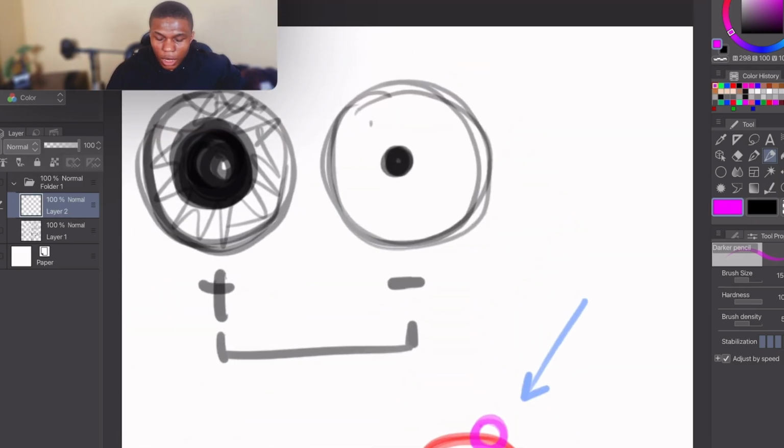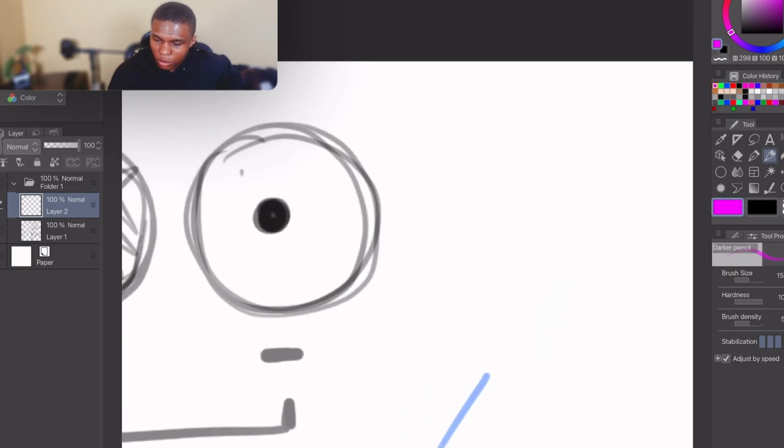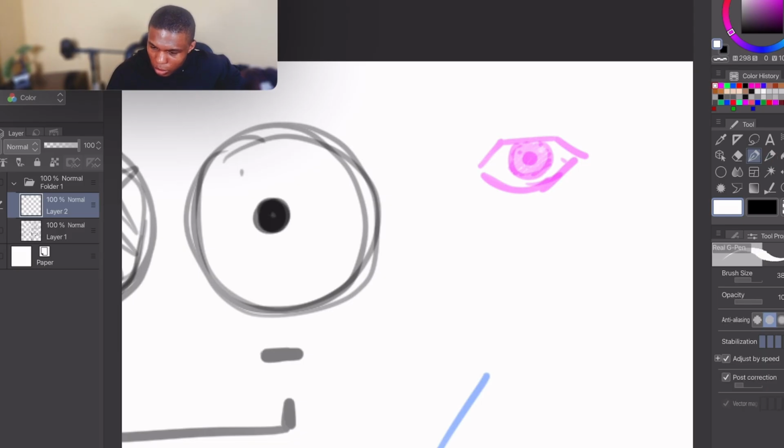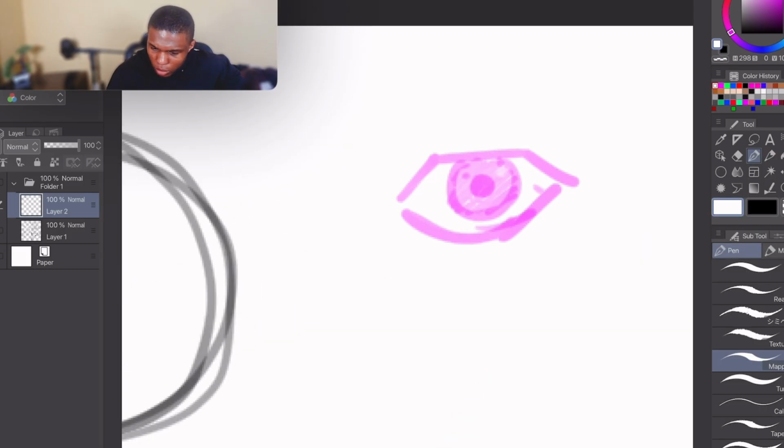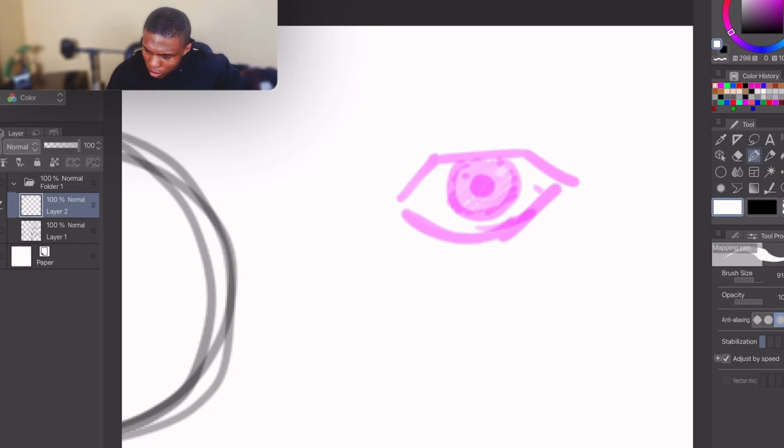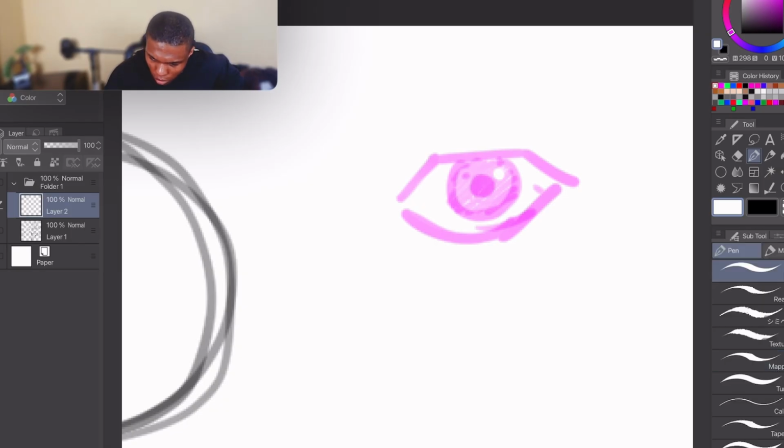So when you look at an eye, let me just quickly draw an eye. When you look at an eye like this, and then you have your iris, and then you have your pupil, let's say our iris is colored like this, and then you see this little highlight over here. Let me use this pen. You see this highlight over here, right?